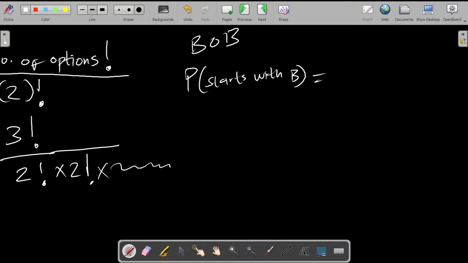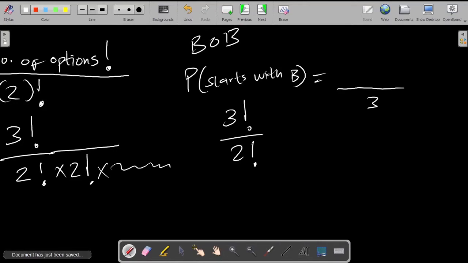So we've established that the number of different arrangements is 3 factorial divided by 2 factorial, and that is the total of the different arrangements, right? So that is your total, which should go at the bottom, which is 3.